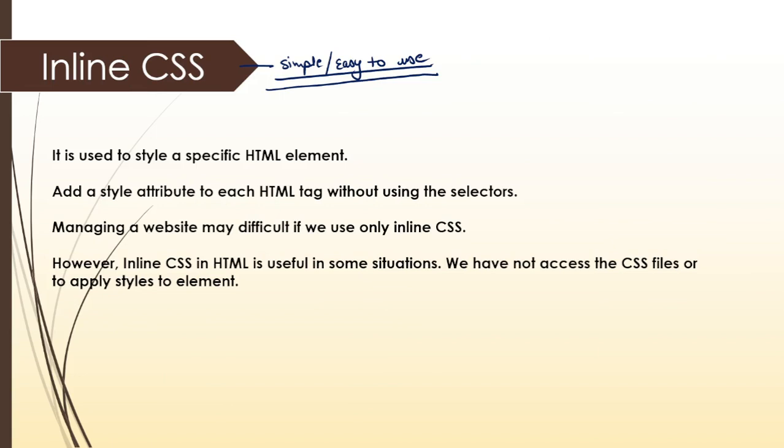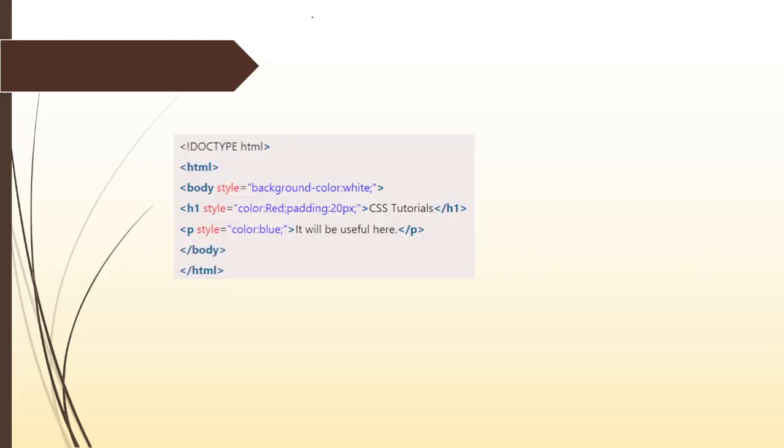So that is the difference between all these three types of cascading style sheets, right? So inline says it is used to style a specific HTML element. Add a style attribute to each HTML tag using the selectors. As I have told you, in case of HTML, we always use some tags, and in case of CSS, we always use selectors. So this is how you can use inline CSS.